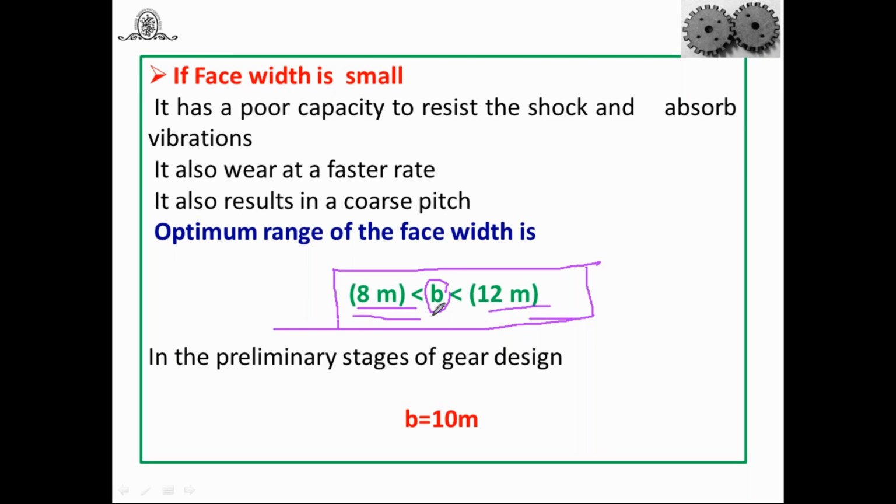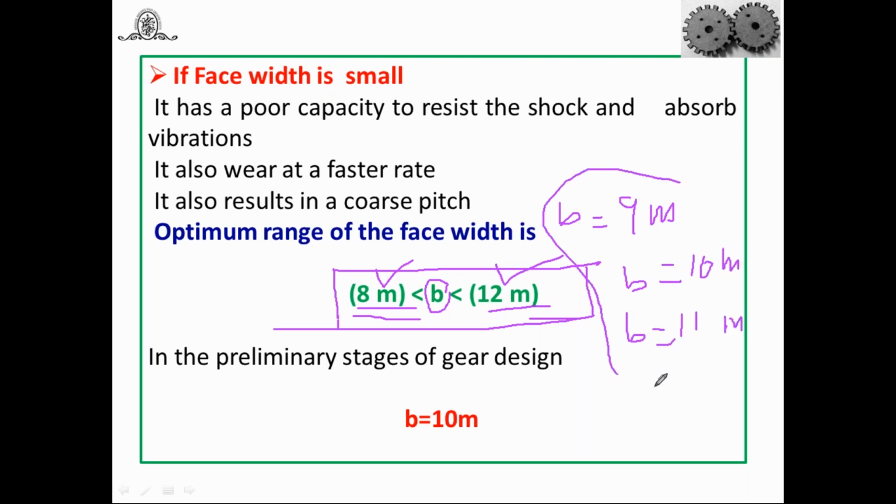That means face width should be greater than 8 m and less than 12 m. It is an optimum range of face width. In between 8 m and 12 m, you can take b equal to 9 module, 10 module, or 11 module.